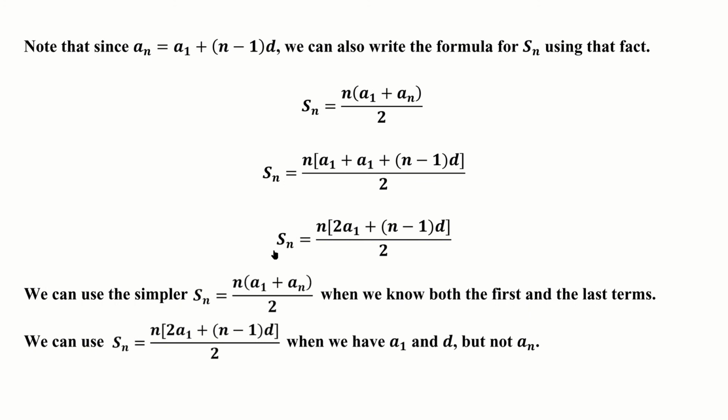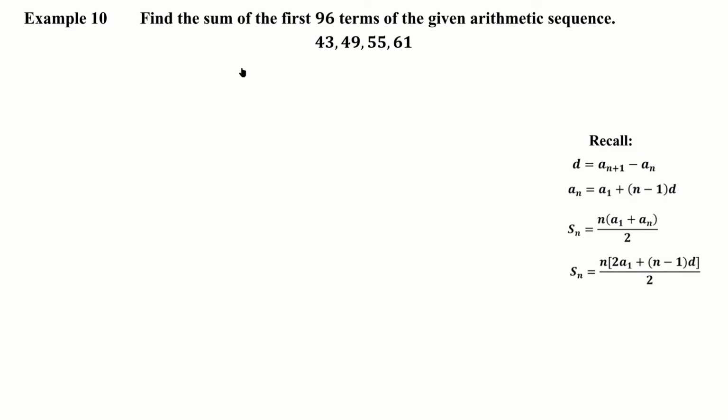Basically, we will use this simpler version if we know both the first and the last terms, and we'll use this slightly more complex version if we only know a1 and d, but not the last term up to which we want to add, okay? But of course, we do need the term number up to which we want to add the terms of the arithmetic sequence.